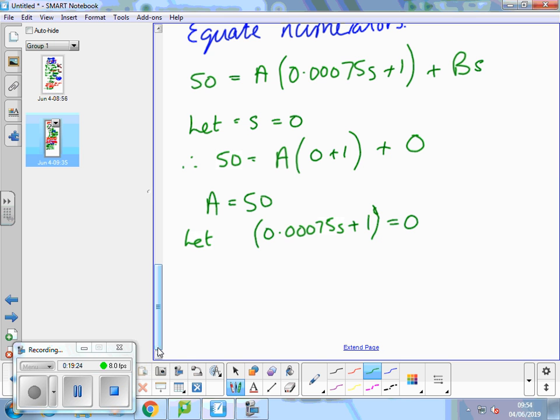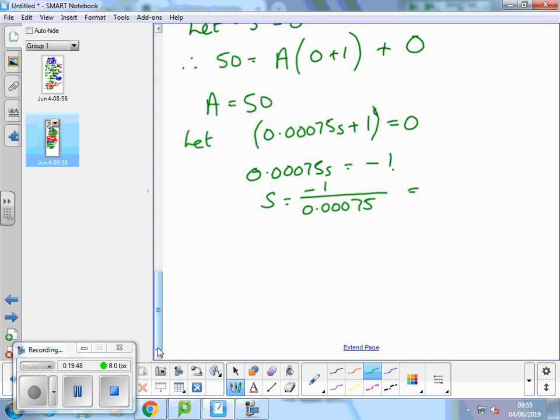Yeah. So we can say 0.0075S is equal to minus 1. S is equal to minus 1 over 0.0075, which is minus 133.3.